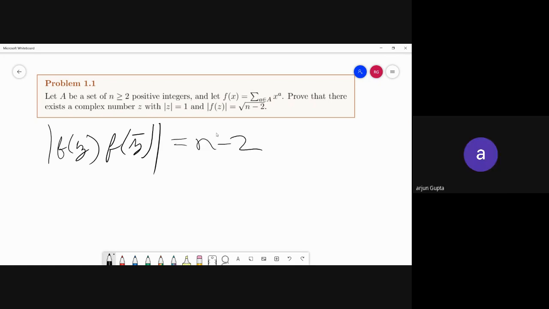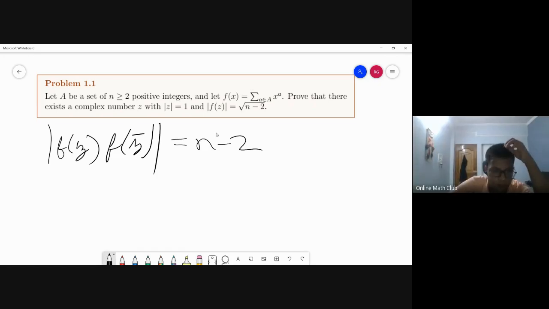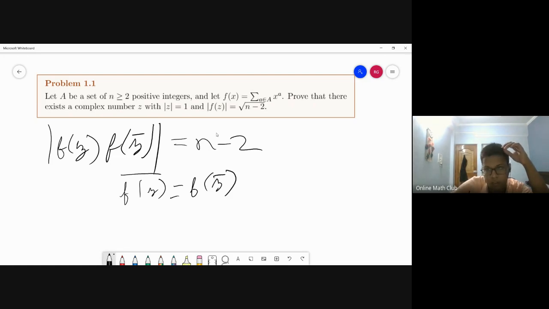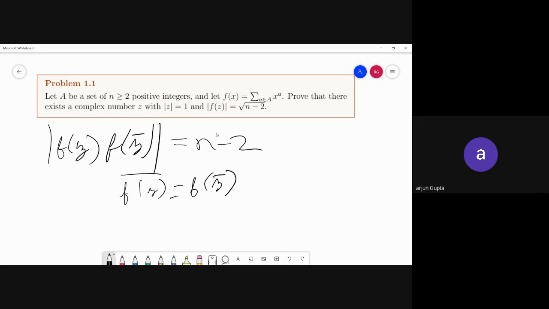I'm not sure why f of z prime and f of z have the same size. We know this, no? The conjugate of f of z is f of z prime, because this is just a polynomial. F is a polynomial, right? So is this the theorem?